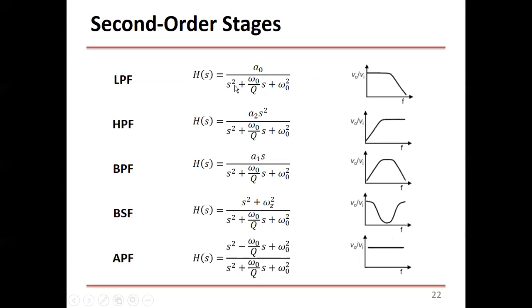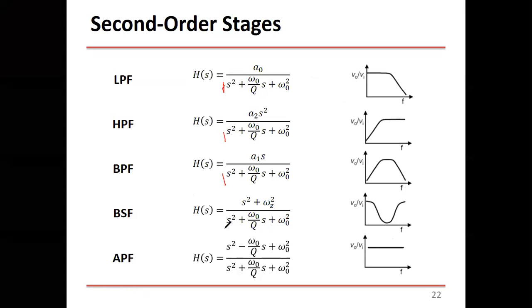Always the coefficient of S square has to be 1. You always have to keep this as 1. In the standard form, forget about the numerator, but in the denominator, the coefficient of S square has to be 1.